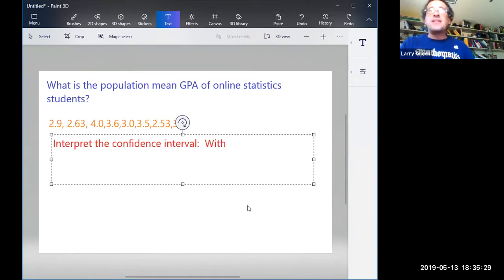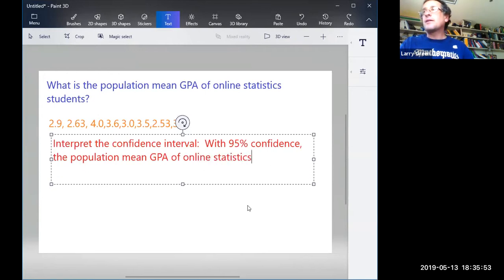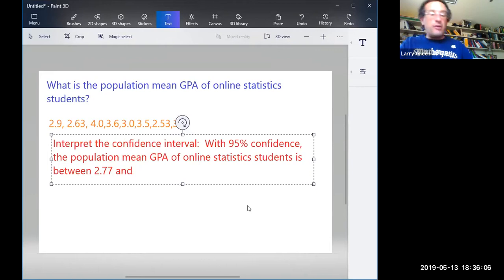With, in this case, 95% confidence, the population mean GPA of online statistics students is between 2.77 and 3.71.